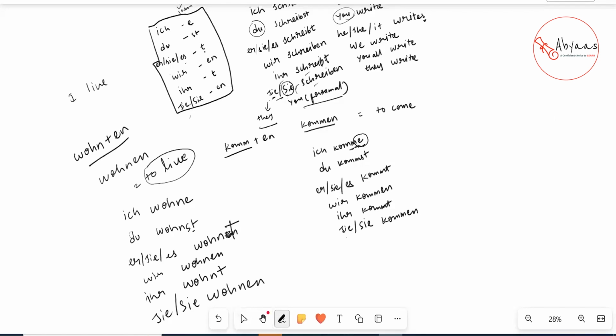Now you can differentiate between three sie's. This sie would mean she, and if you observe the conjugation, you're getting only t. This sie, which is they, has wohnen conjugation but has a small s. This Sie has a capital S. Always it will be capital, even though it is coming within the sentence. It should begin with a capital letter. Got it?